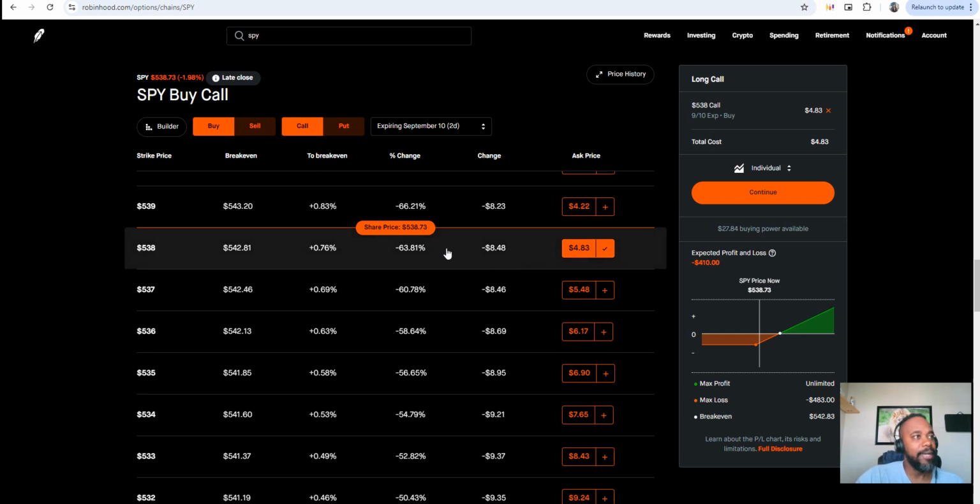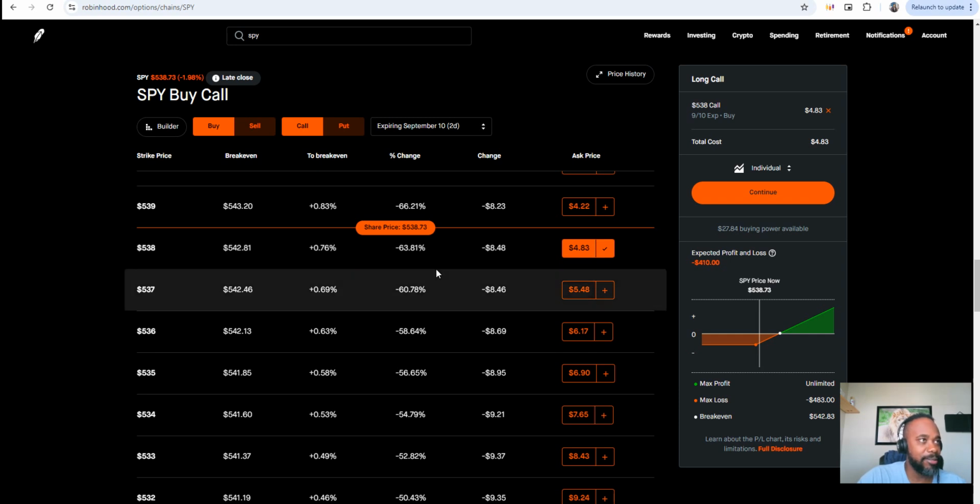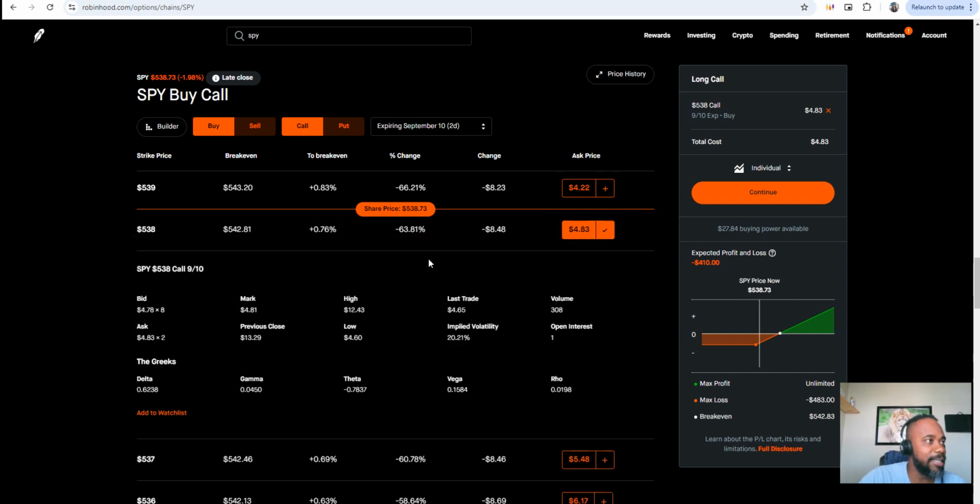Now, if you click on this chain, the $58, right? So we'll click $58, and notice down at the bottom you can see the Greeks. Okay, the delta means for every dollar that the SPY goes up, you would make $62.